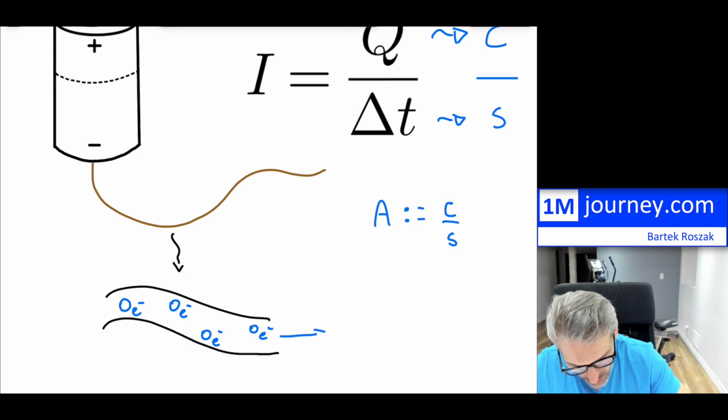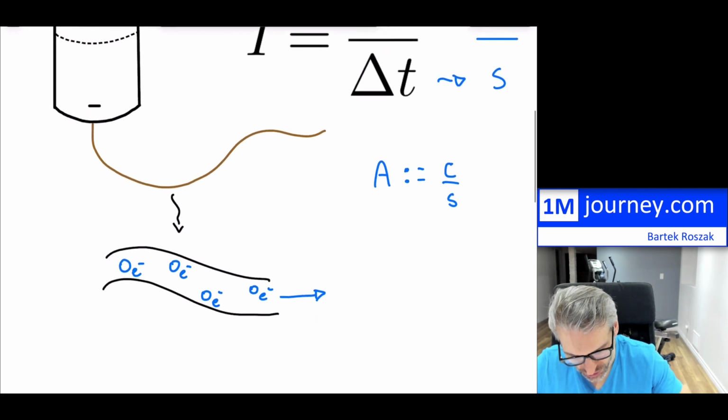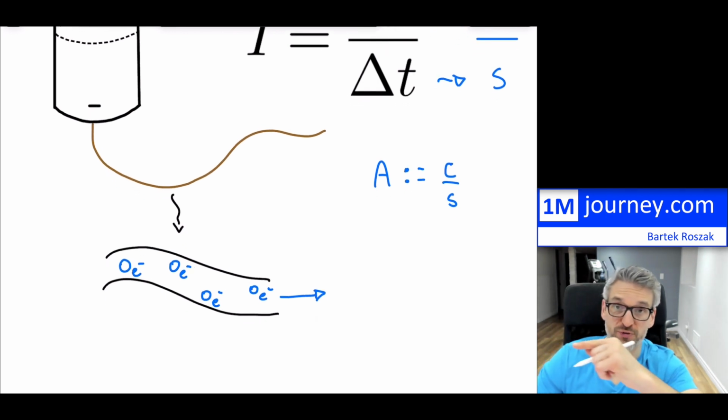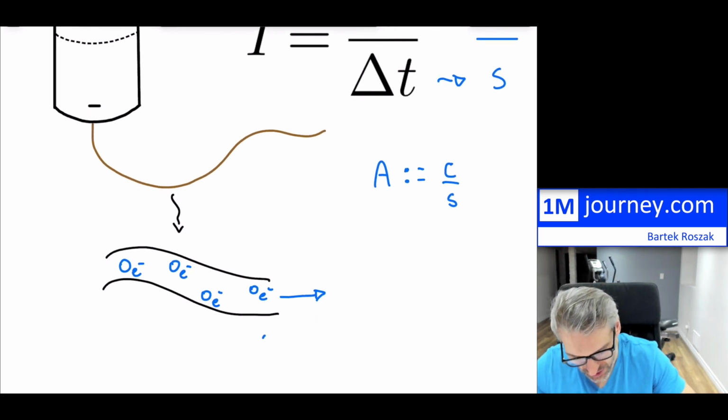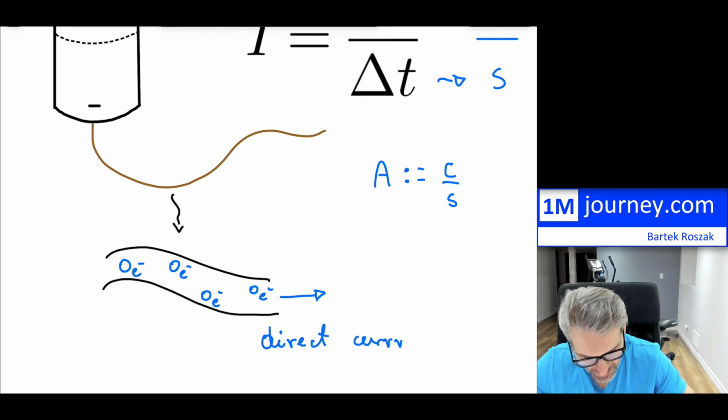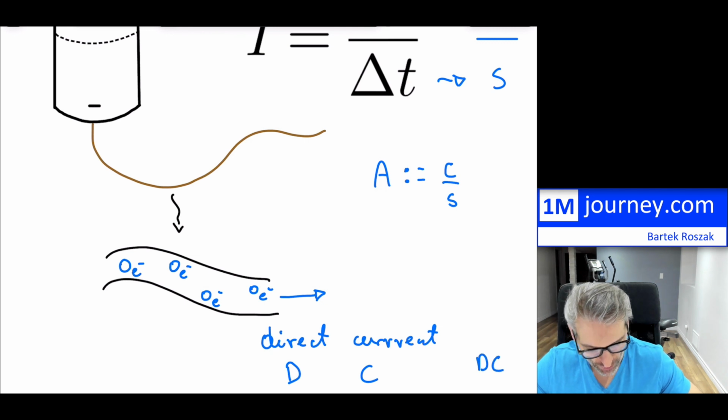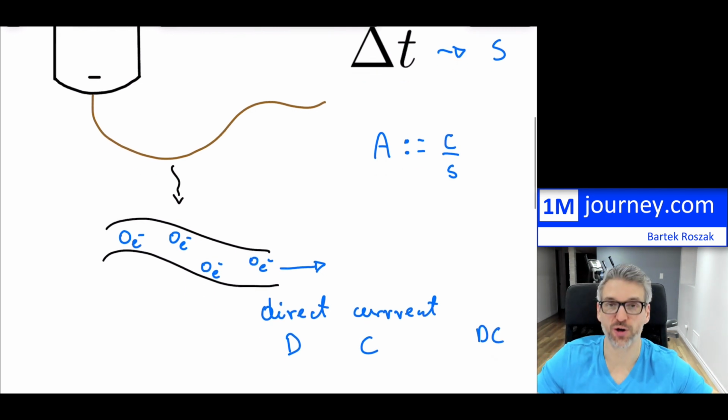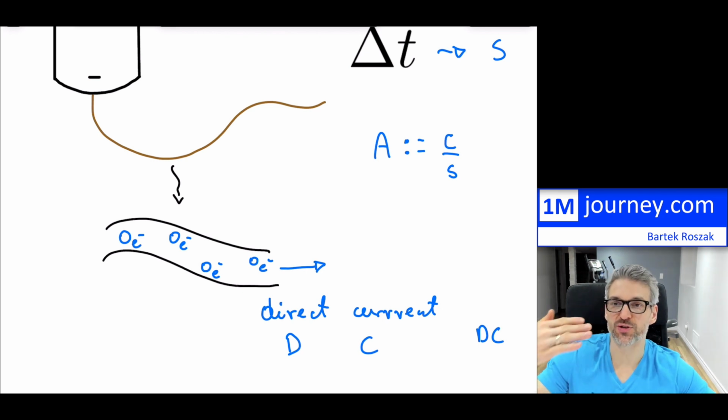If they are flowing in one particular direction, that is called direct current. You may have heard of this, and all batteries work like this. This is the D, this is the C. So DC current really just means that the flow of the electrons is in one direction. Initially, that's what you're going to study.